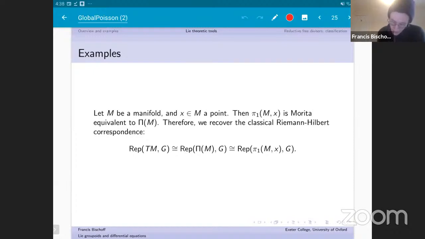Here the statement is that the fundamental group of a manifold at a base point x is Morita equivalent to the fundamental groupoid. And so in this way, we can recover the classical Riemann-Hilbert correspondence. On the left here, we have flat connections, which are representations of the tangent bundle. By Lie's second theorem, they're equivalent to representations of the fundamental groupoid. And then by Morita equivalence, these are equivalent to representations of the fundamental group.